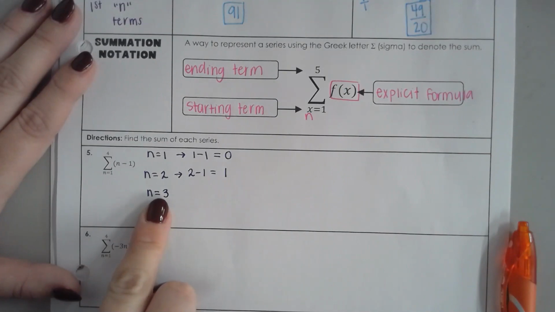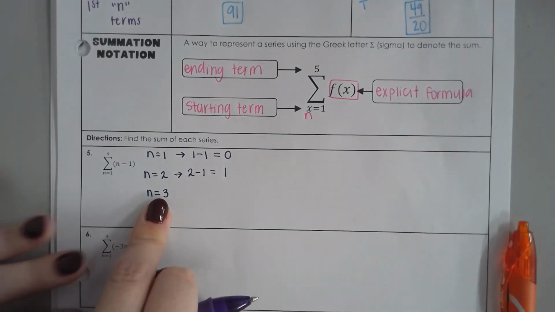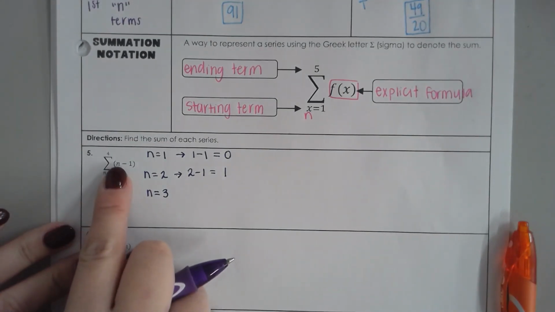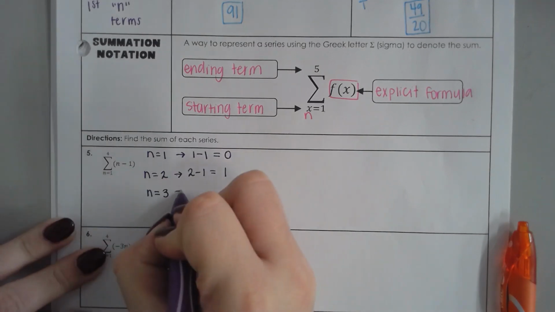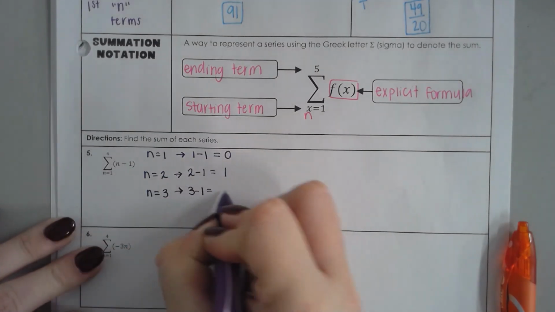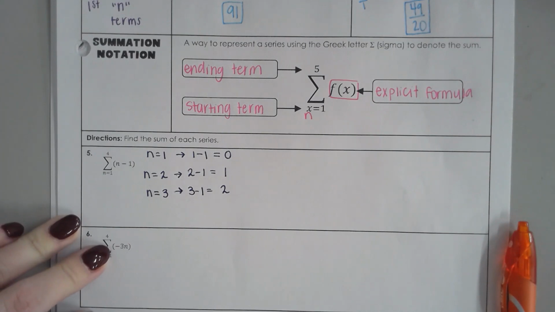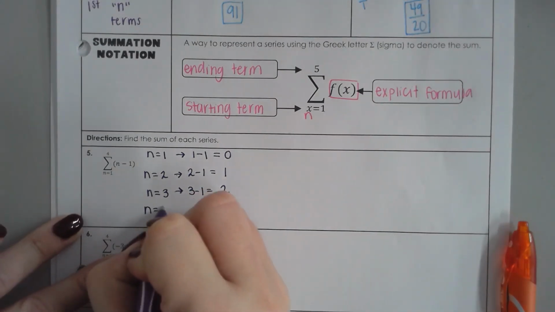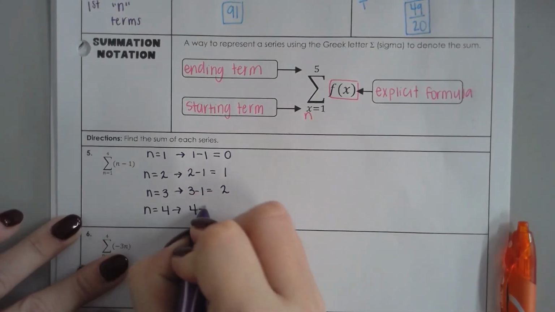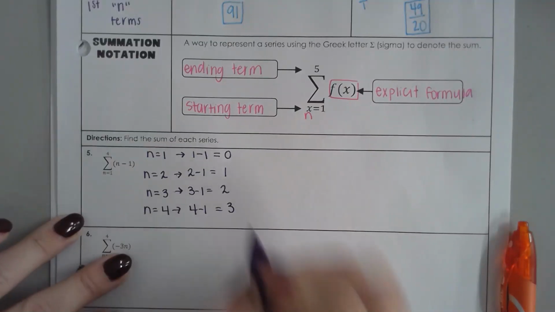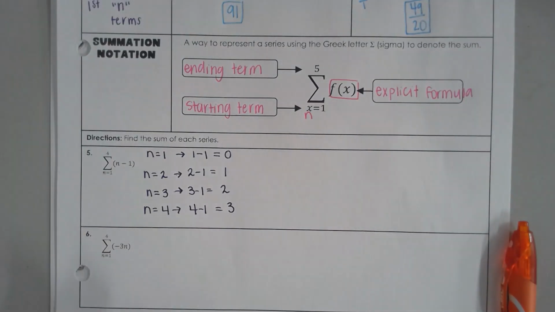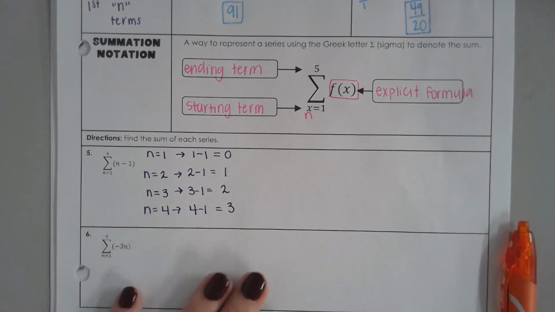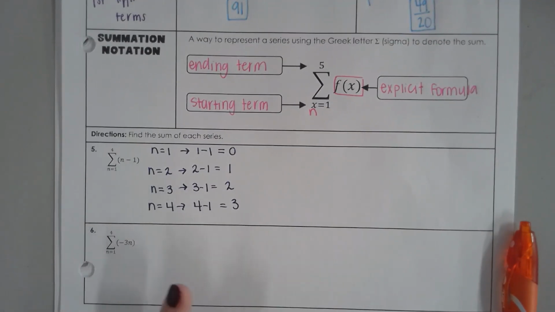My third term, for n equals 3, I'm going to plug in a 3. 3 minus 1 gives me 2. And then my fourth term, 4 minus 1, that gives me 3. So this sequence is 0, 1, 2, 3, and it would continue 4, 5, 6, 7, 8, 9.